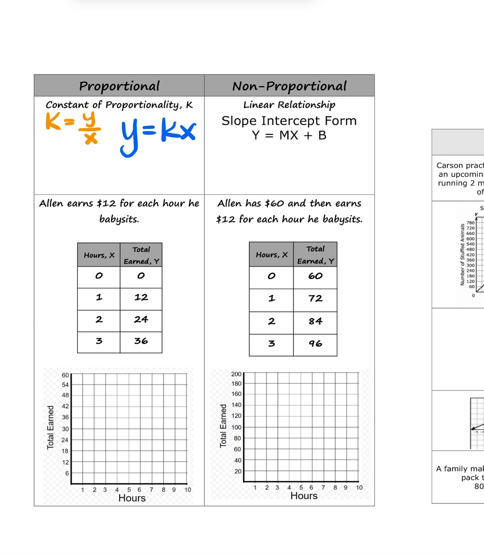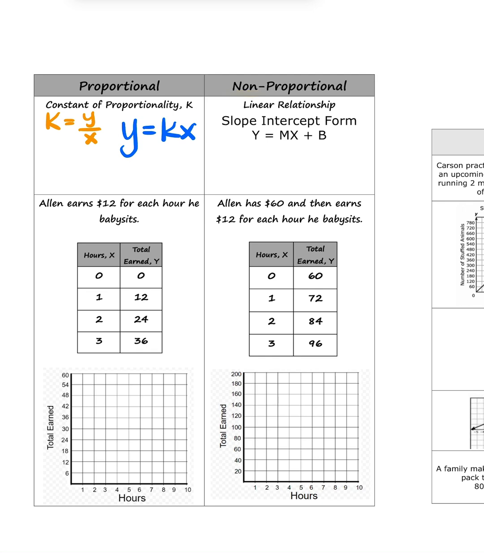Then our new formula is slope-intercept. Again, the good news is slope is the first word and m is the first letter, and intercept is the second word and b is the second letter. So they go in order if you ever forget which one is slope and which one is y-intercept. Anytime you have this additional plus piece, that makes it not proportional.